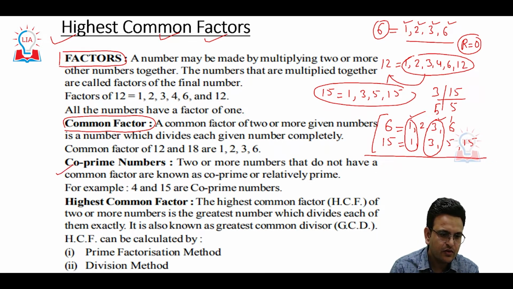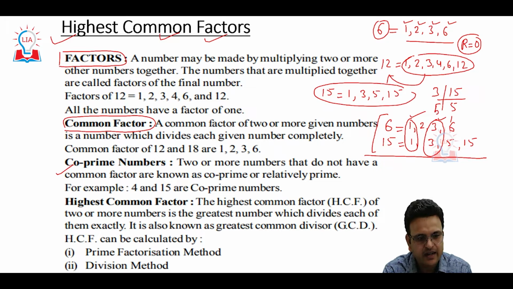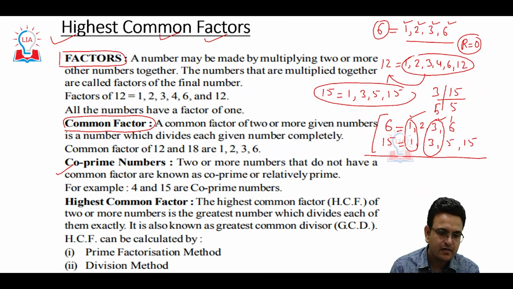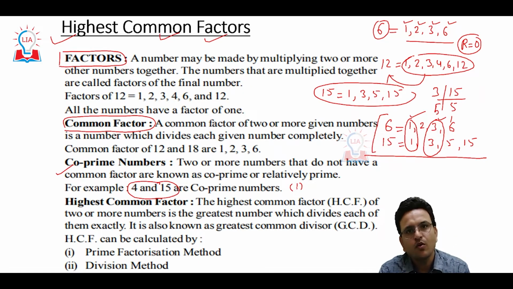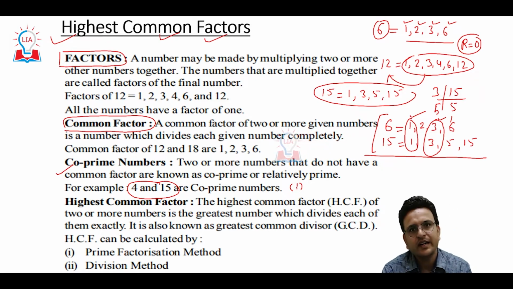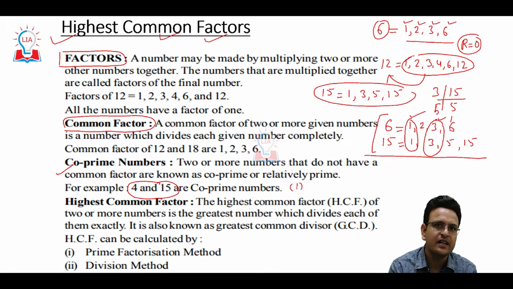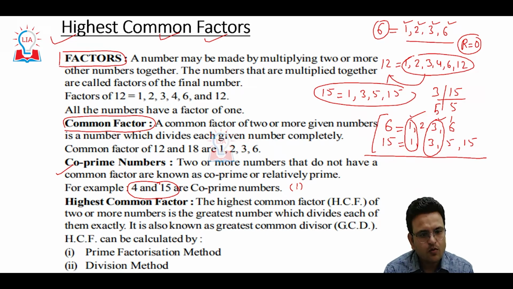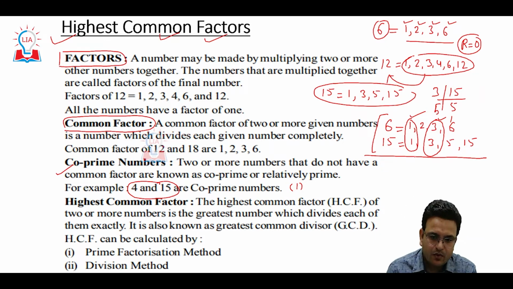In a previous video on the number system I have discussed what a co-prime number is. If you are not able to understand co-prime numbers, the numbers which have the common divisor as 1 are co-prime numbers. You can watch the video on the number system. So here we have understood that factors are the numbers which can divide a given number without any remainder, and common factors are factors shared by more than one number.